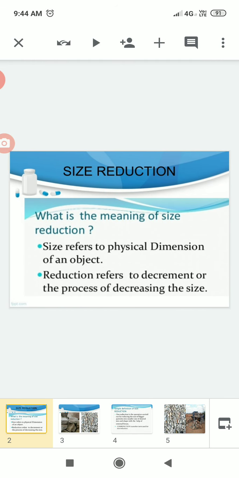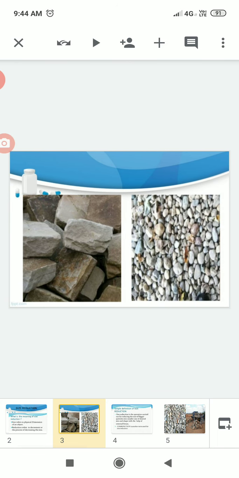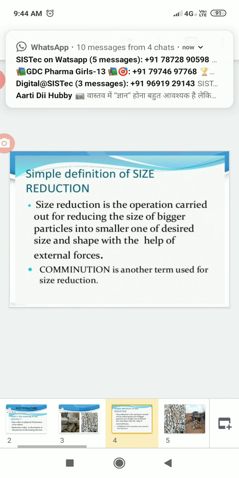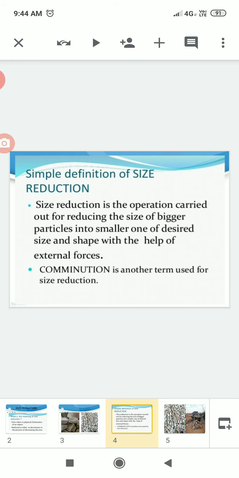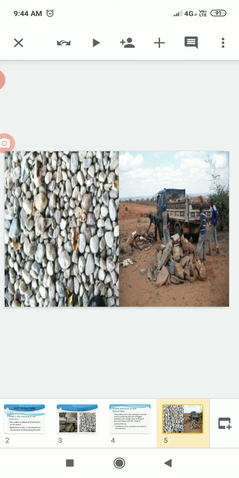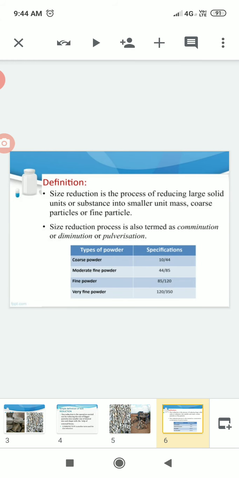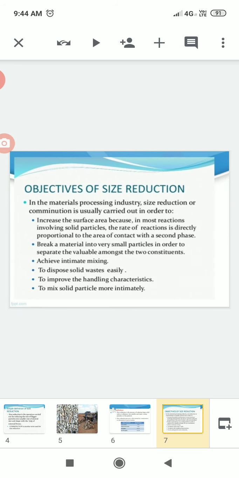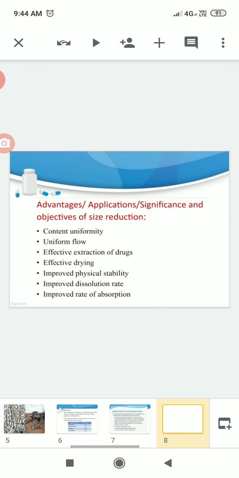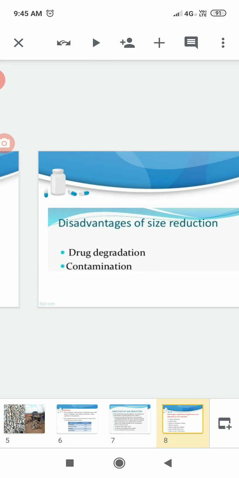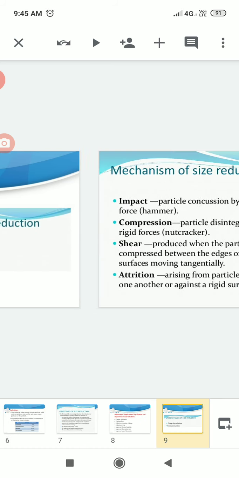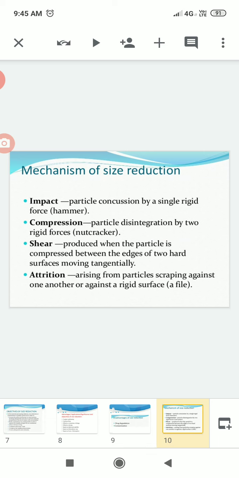We have seen the definition of size reduction and the diagrams, the simple definition, and the other terms used for size reduction. What are the objectives? We have seen the objectives of size reduction and the advantages. We learned about the advantages and the disadvantages, and last but not least, the mechanism of size reduction.